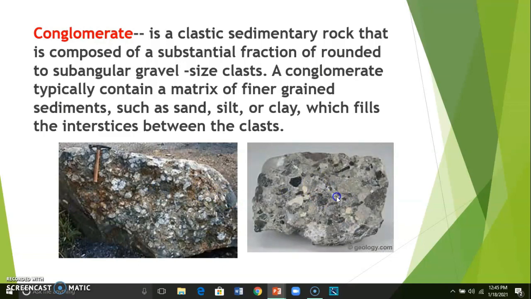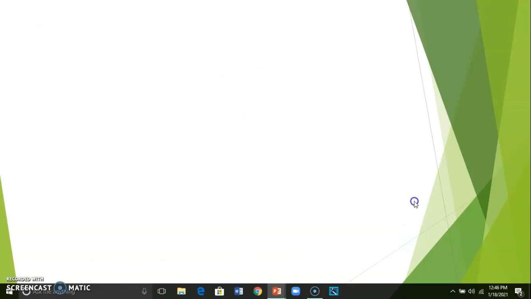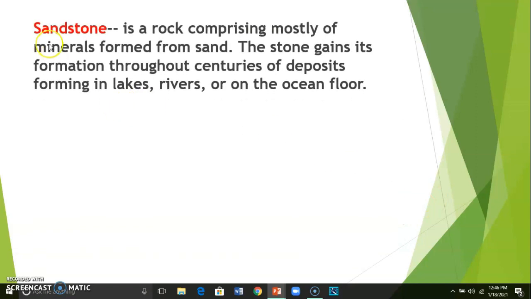Okay, this is now, you can see the conglomerate. When making flooring at home or making cement at home, you can see this one. This is mixed with gravel. Okay. Then we have the sandstone. Okay, everybody, we will read it together. Sandstone is a rock comprising mostly of minerals formed from sand.